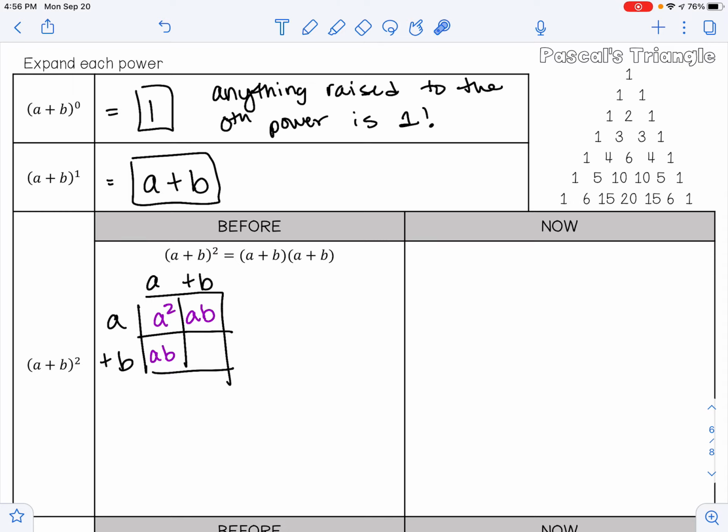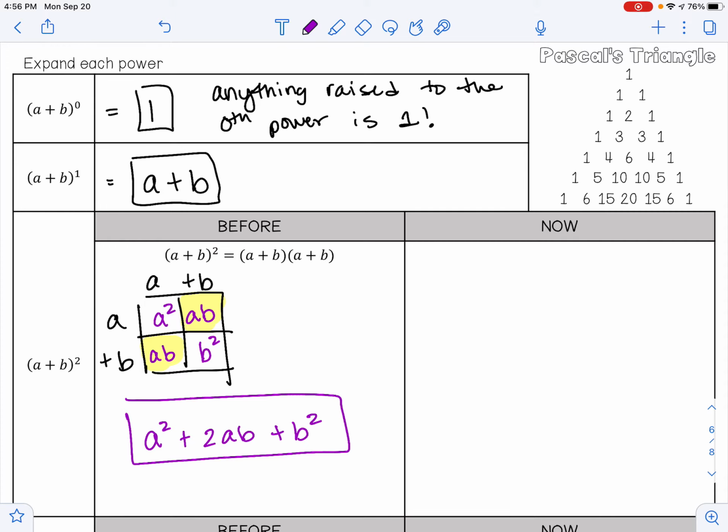And b times b is b squared. So I would have a squared plus, and then my like terms are ab plus ab, which is 2ab, plus b squared. So that's traditionally what you would do to multiply those.